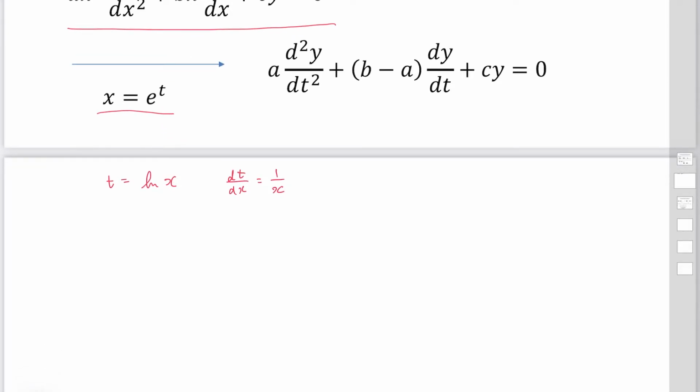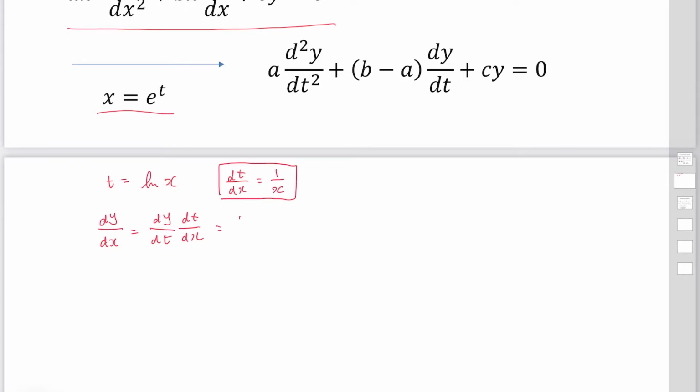Then we'd like to change the first order derivative and the second order derivative. dy/dx, using the chain rule, is expressed as dy/dt times dt/dx. We can use the formula dt/dx equals 1 over x.